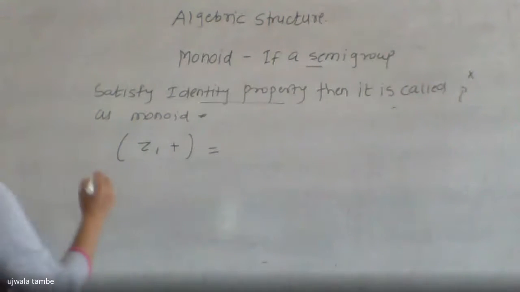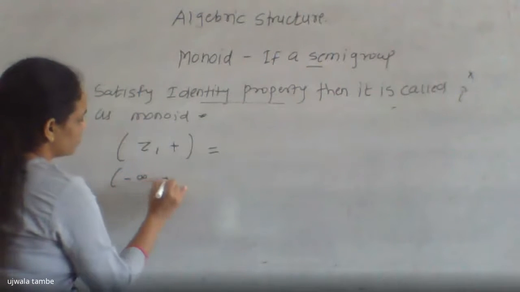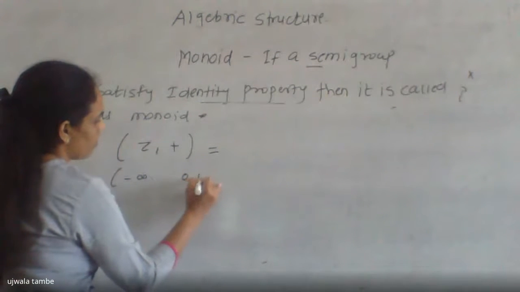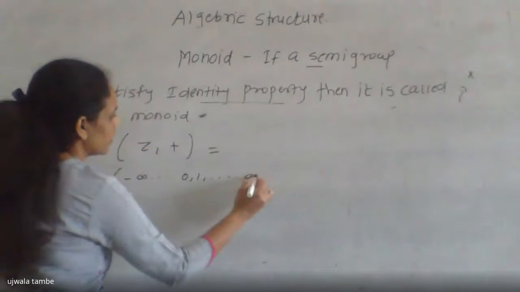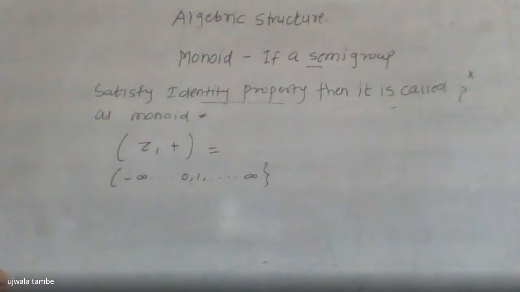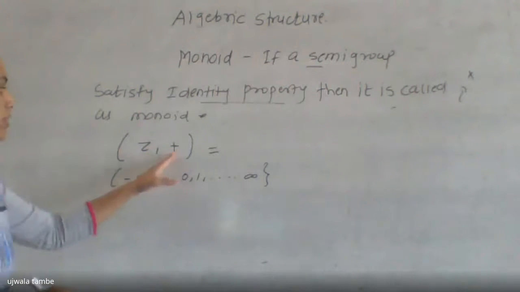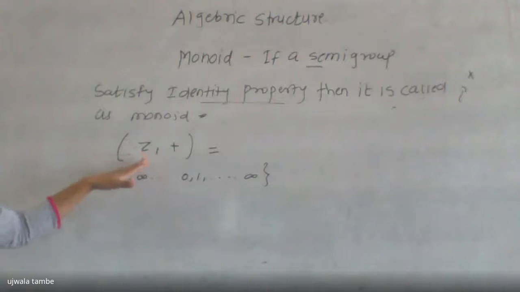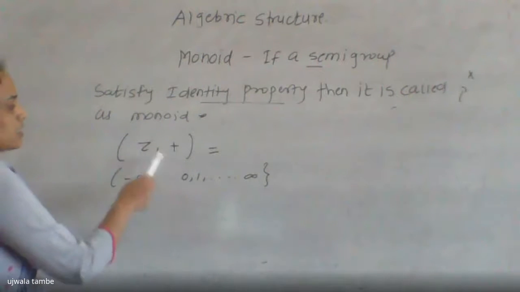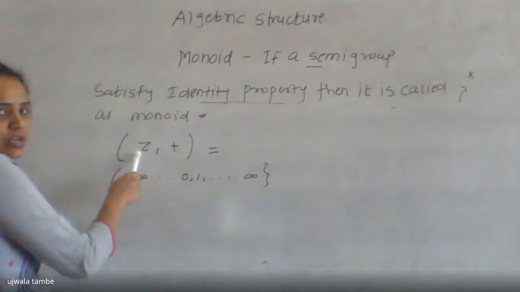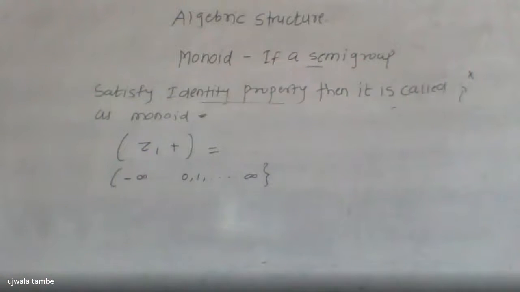Minus infinity, dot dot, 0, 1, up to infinity. So it contains negative numbers as well as positive numbers. Right. Okay. Now, with respect to the addition operation, check whether the given algebraic structure satisfies the monoid property or not. All the previous properties are the same as for the set of natural numbers, and 0 is also available in the set of integers. That's why this is a monoid. Yes.